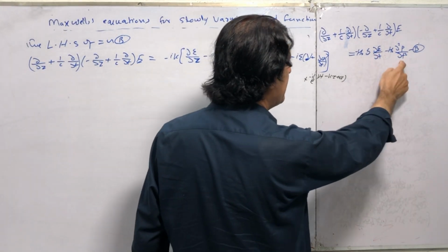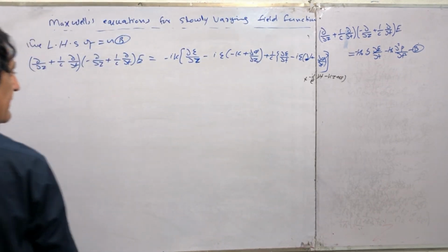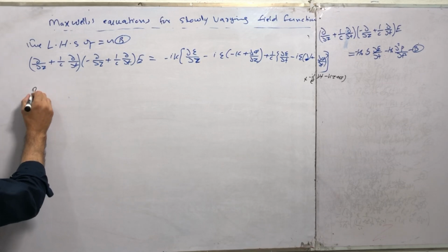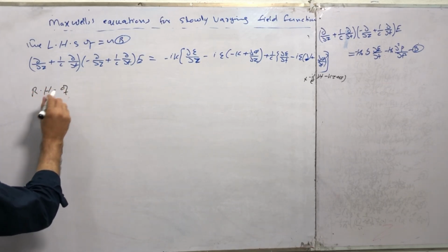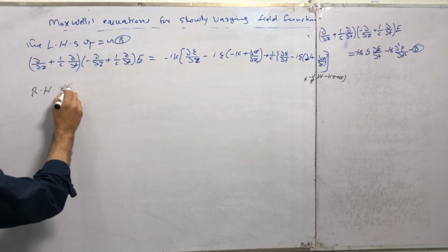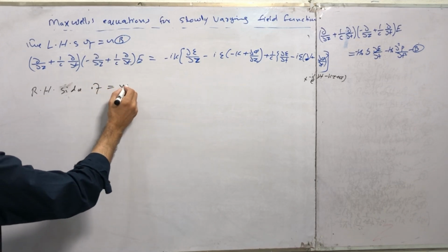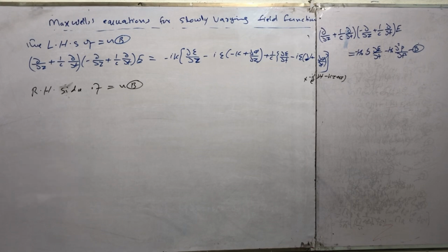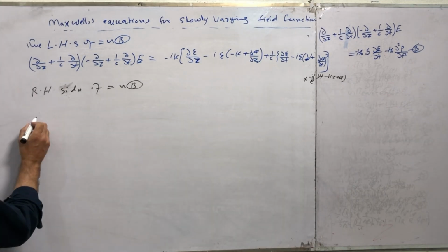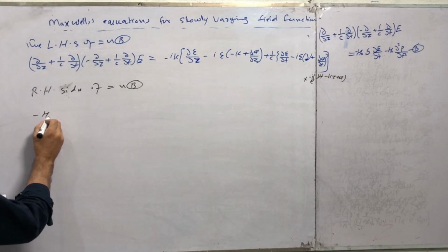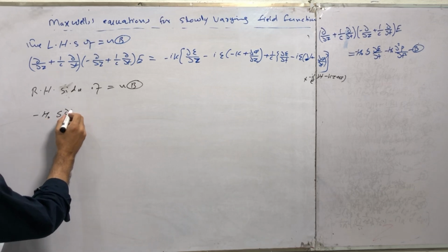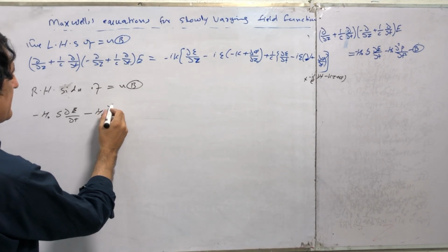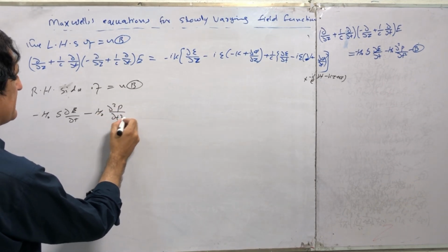Consider the right hand side of equation B. Minus mu naught sigma partial e divided by partial t, minus mu naught partial square p divided by partial t square.